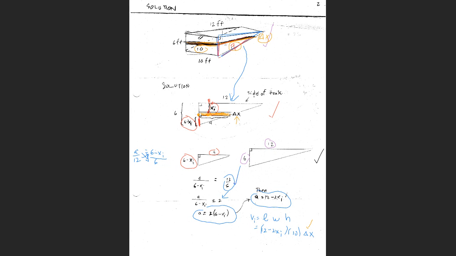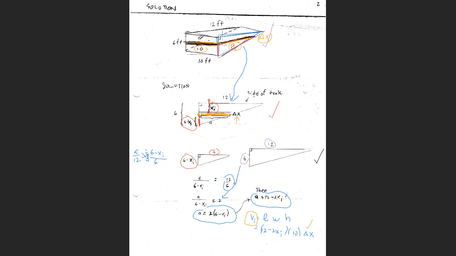All right, now that we have an expression for the volume of the ith layer of water, what might we want to do next? To find the work needed to bring the ith layer of water to the top of the tank, what do I need to find to compute the work? What do we need to know about that ith layer of water? The weight. Good, Susanna.